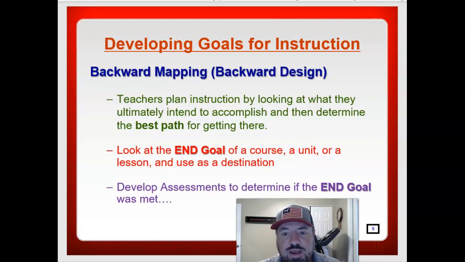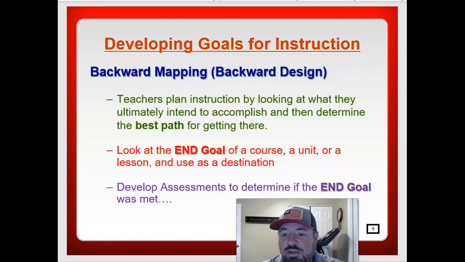So in backward mapping or backward design, you look at the end goal and then you come back and find different checkpoints along the way that are important to build that pathway to get there. When we do this as a teacher, we look at the end goal of a course or a unit. We might even look at just the end goal of a lesson if we're planning on using backward mapping for the lesson today, and use that as our destination point, and then figure out how we're going to get there.